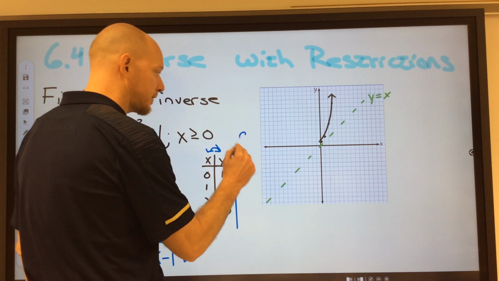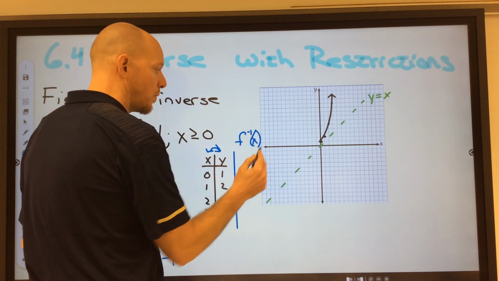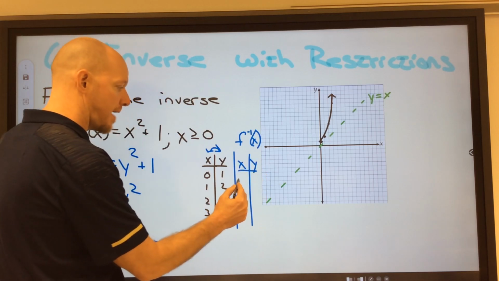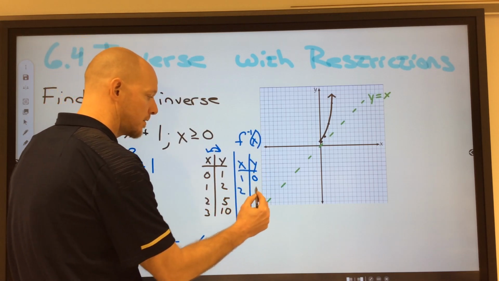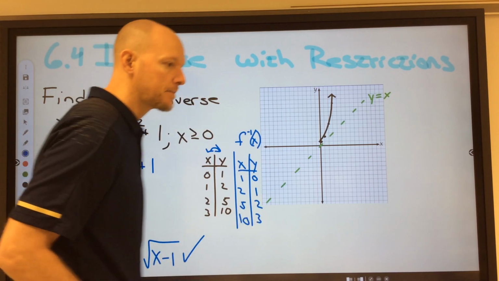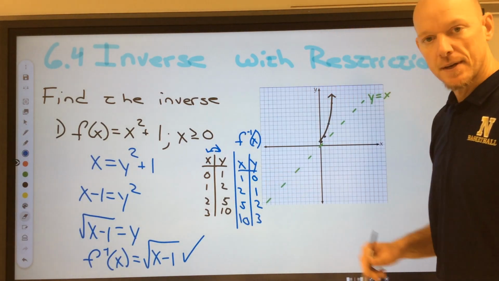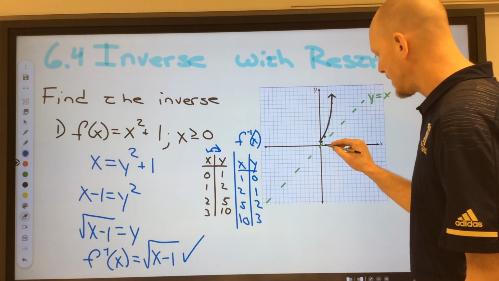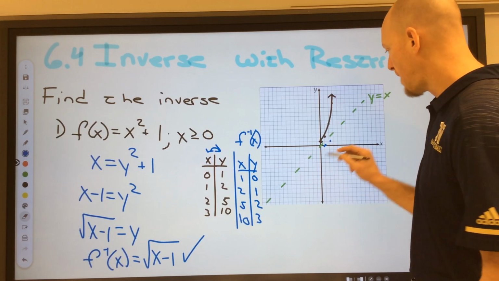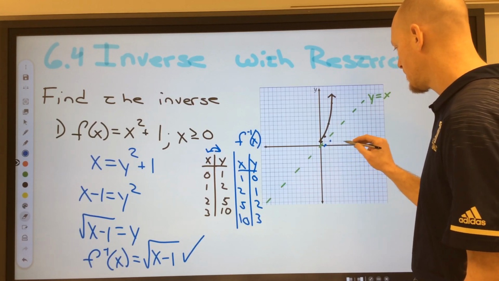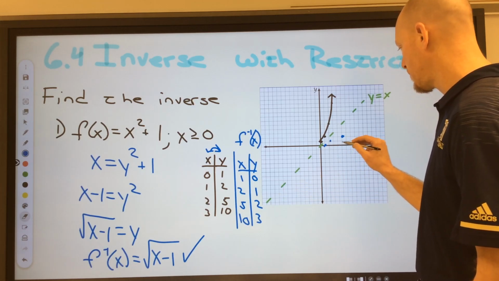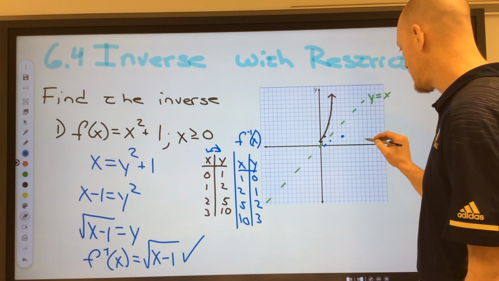So for the inverse function, we can produce the graph just by switching our x and y values. 1, 0, 2, 1, 5, 2, 10, 3. If I go and plot this, I see that I have the point 1, 0, I have 2, 1, I have 5, 2, and then I have the point 10, 3.